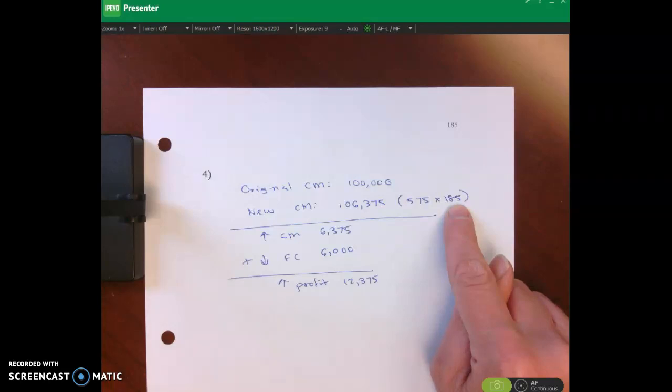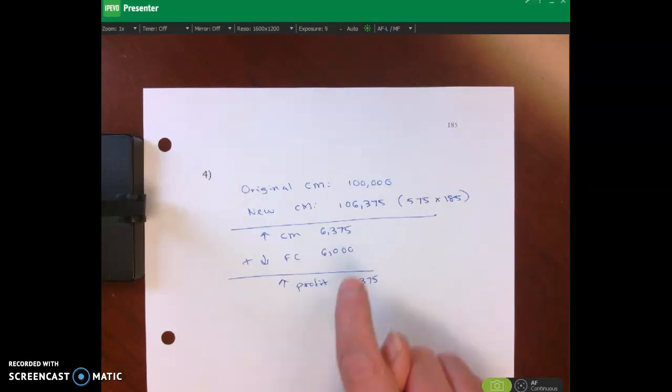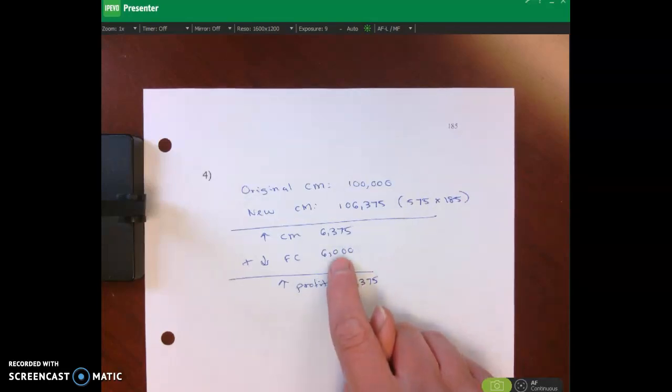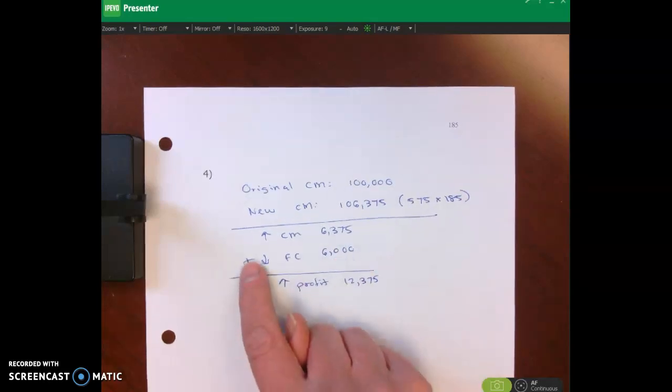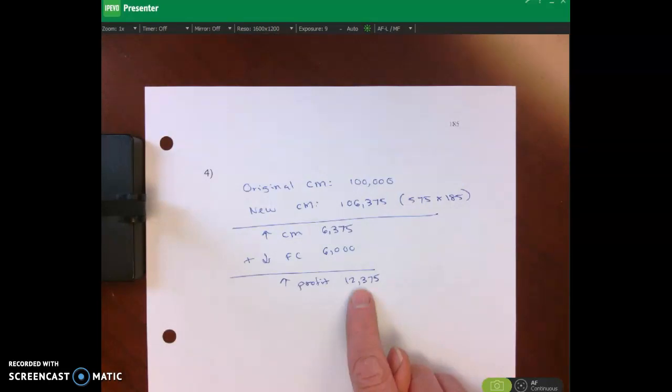Because remember what happens, right, is variable costs go up, which they did because of the $15 commission. Variable costs go up. Contribution margin goes down by 15 bucks. Increase in contribution margin of 6,375. But then we had a decrease in fixed costs. So I'm adding that decrease in fixed costs of $6,000 gives us our increase in profit of 12,375.